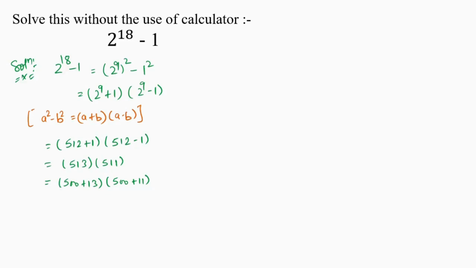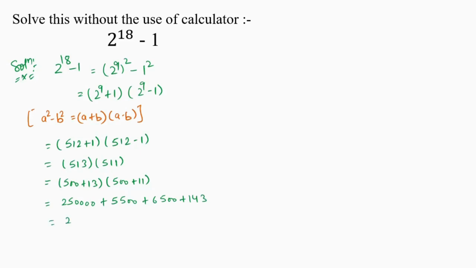On solving this, we get 500 times 500, which is 250,000, plus 500 times 11, which is 5500, plus 13 times 500, which is 6500, plus 13 times 11, which is equal to 143.